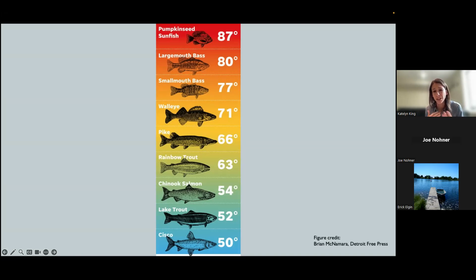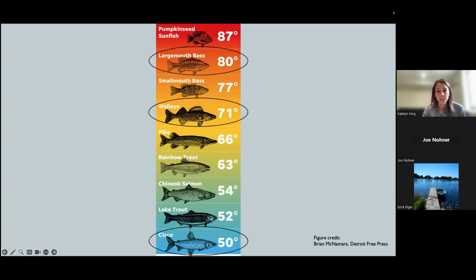And so if we think about climate changing and the water warming, then we can predict that some of these cool and cold water species like walleye and cisco, their habitat is really going to decrease as waters get warmer, whereas it might be favored for something like largemouth bass, which prefer warmer temperatures.